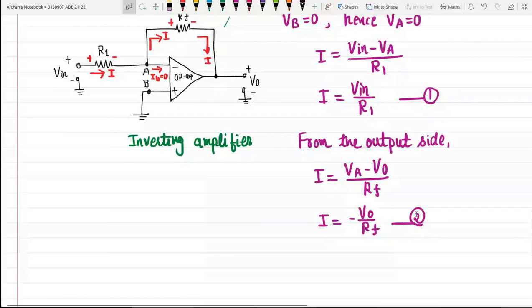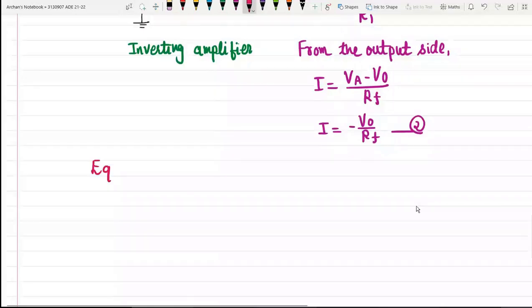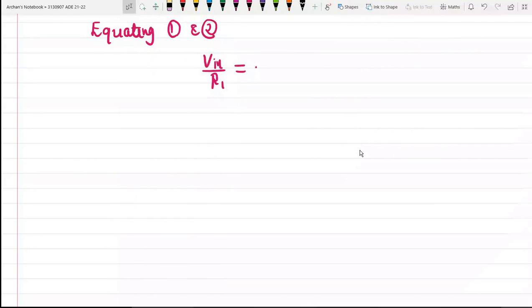By equating equations 1 and 2, what will we get? V in by R1 is equal to minus V0 by RF.